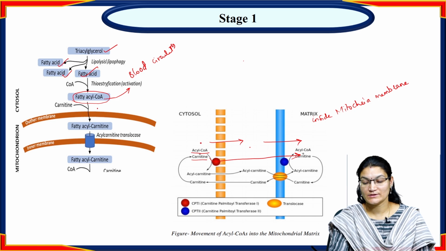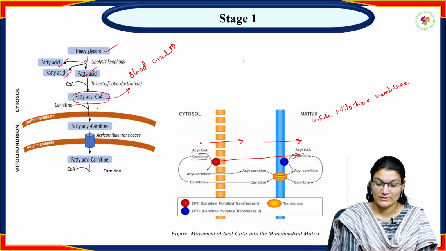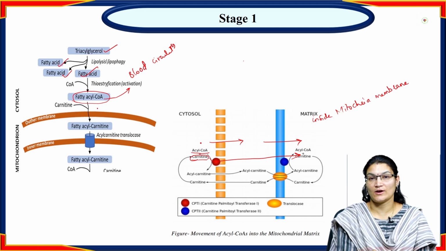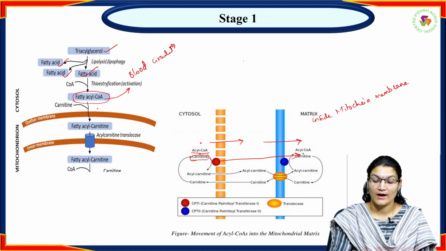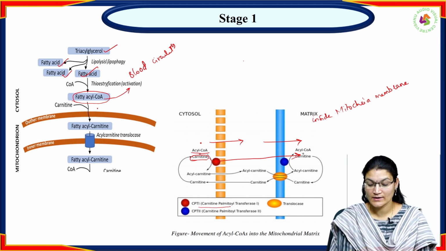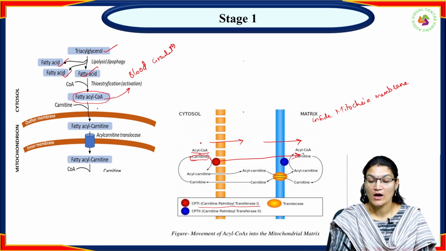To enter inside, it has to bind with carnitine, which is present outside the membrane. After binding with carnitine, with the help of carnitine palmitoyl transferase 1, it will enter the outer mitochondrial membrane.